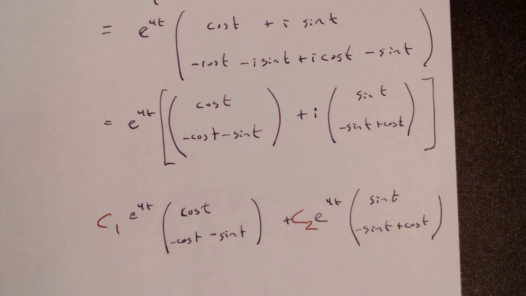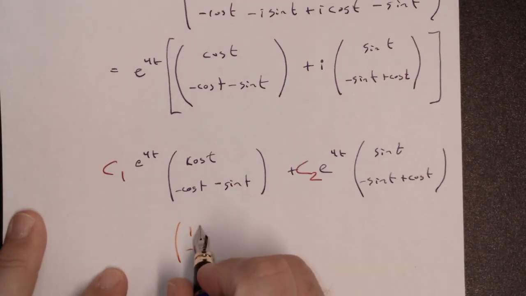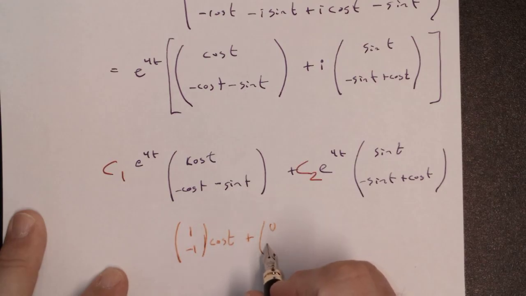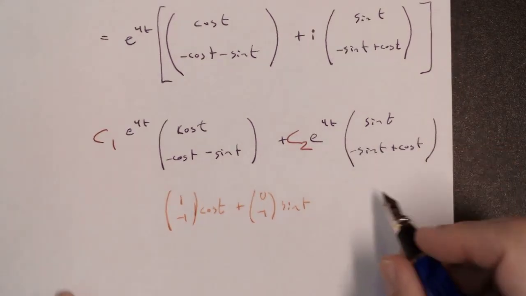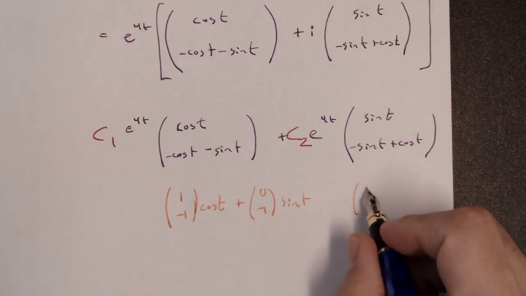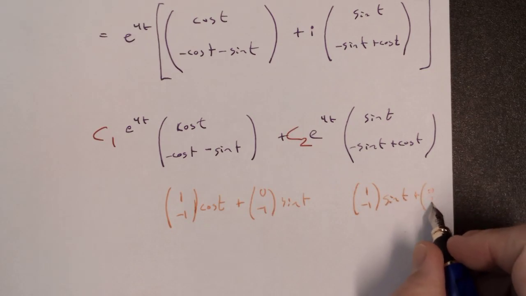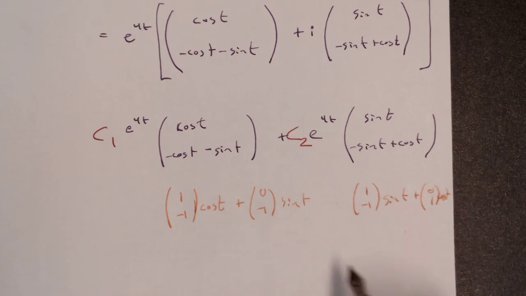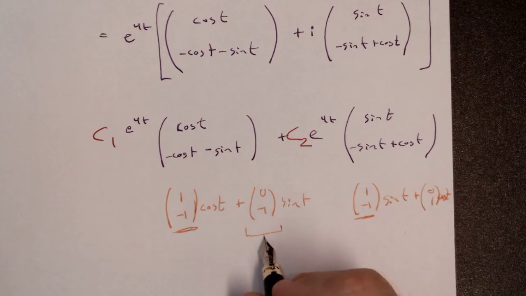So notice that in this first thing, I could write that as (1, -1) cosine t plus (0, -1) sine t. And over here, I'd write it as (1, -1) sine t and (0, 1) cosine t. These vectors point in the same direction. What about these vectors?